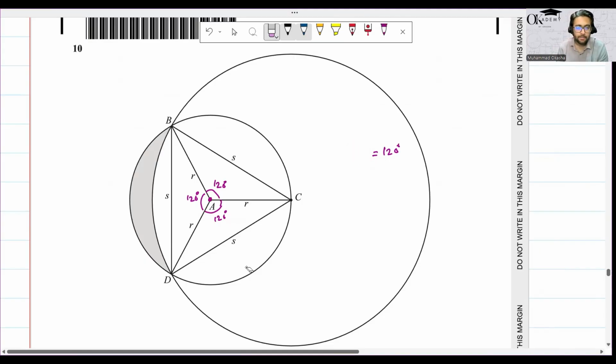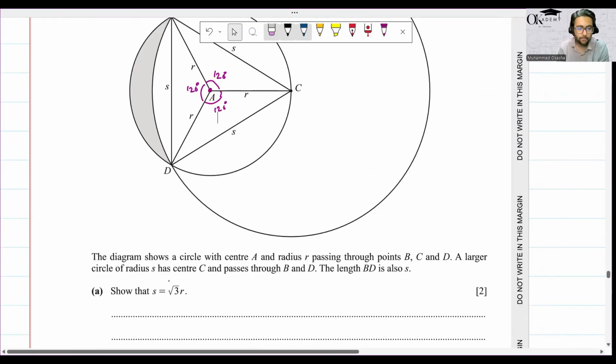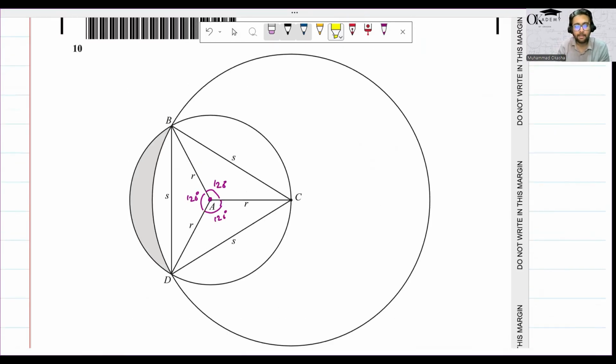Cool. So I want to prove that S equals square root 3 R. I'm going to pick a triangle that has S and R. I'll pick this triangle, but you can pick any triangle you want that has S and R. Because the sides are the same, this is an isosceles triangle.